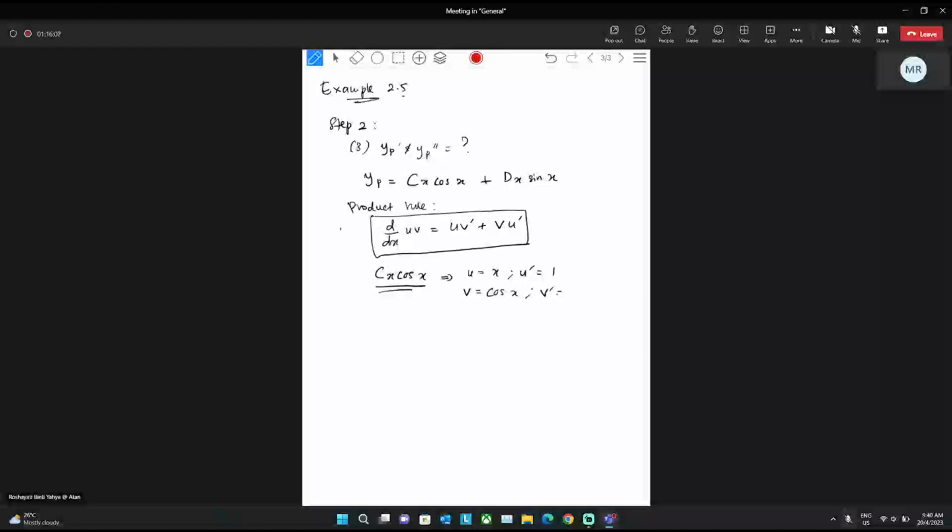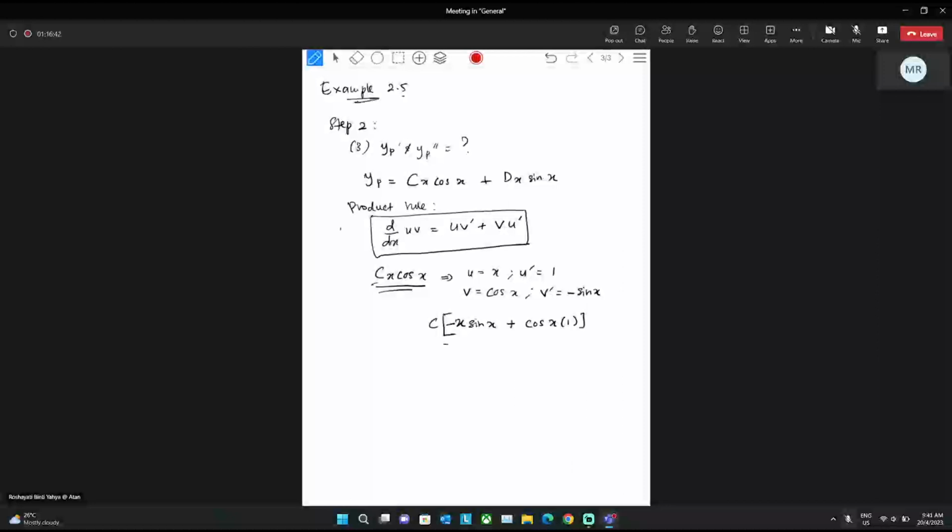Differentiate cos, you'll get negative sin x. So for this one, u is x, dv is negative sin x, you have C in front, plus v cos x du is 1.